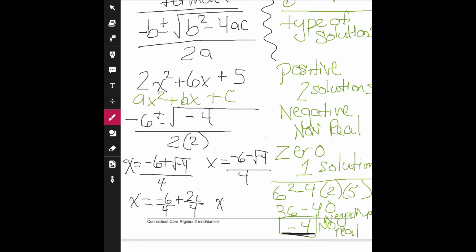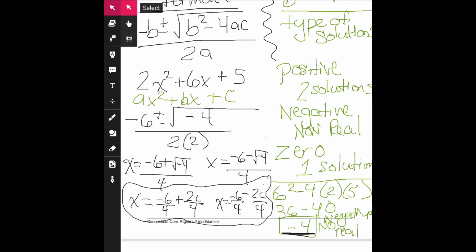The other x is going to be negative 6 minus 2i, both over 4. And you could simplify those fractions. And so my solutions will be these ugly little fraction things. Okay, that's the quadratic formula.